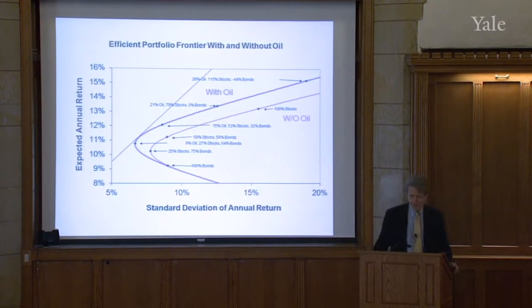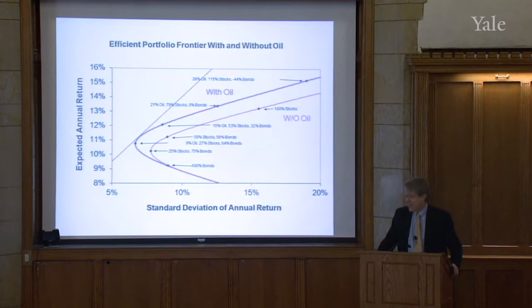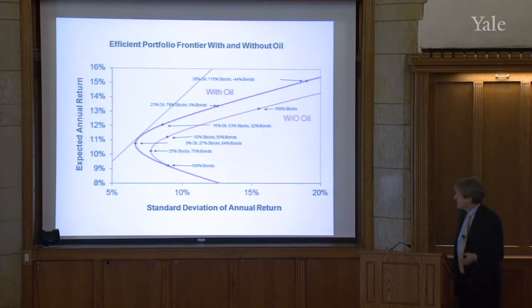So I asked them about that. Why do you do this? I don't know if I got a good answer from them, but basically it was, well, we don't want to sell the oil because it's our national heritage, you know, we own it. And I said, well, you don't have to sell it. You can just do a derivative transaction. You can short the futures market for oil and reduce your exposure.